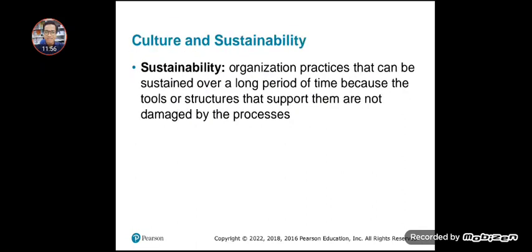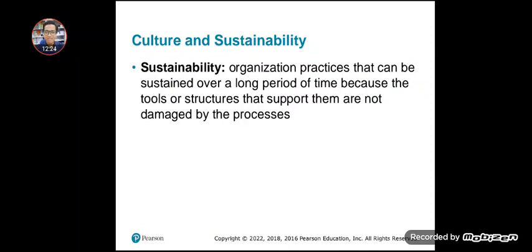And then when we talk about culture and sustainability, we need to know the concepts of sustainability development and sustainability management. Concepts of sustainable management have their origins in the environmental movement. So, processes that are in harmony with the natural environment are encouraged in the organization.